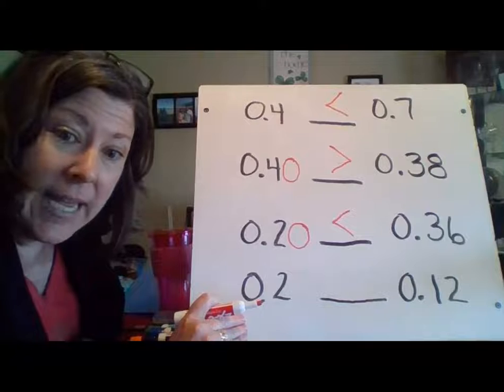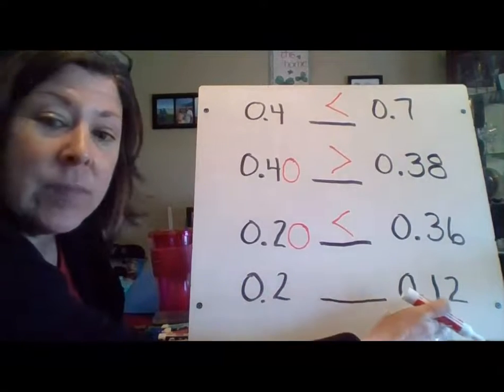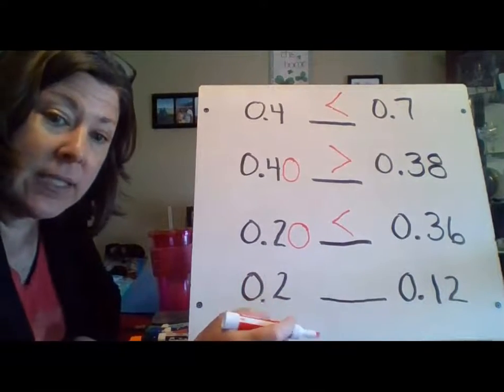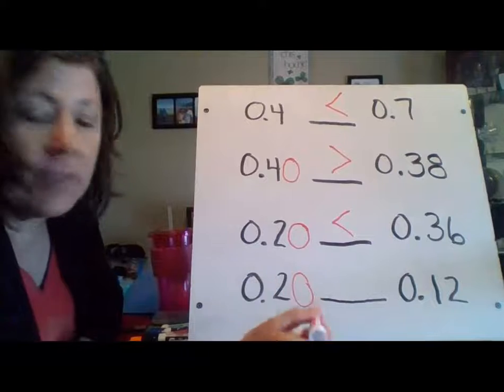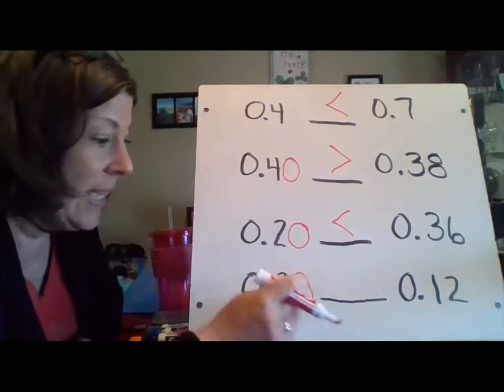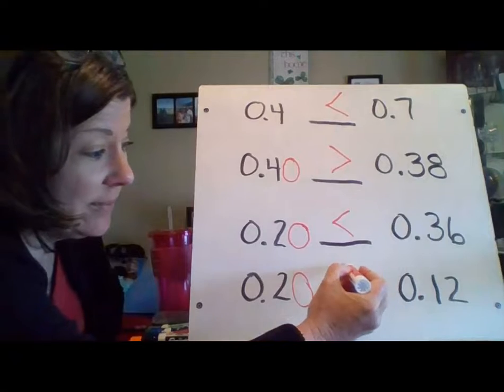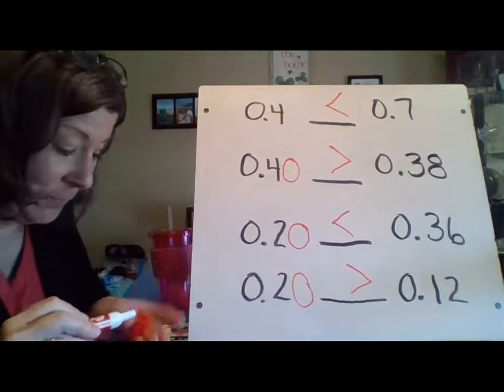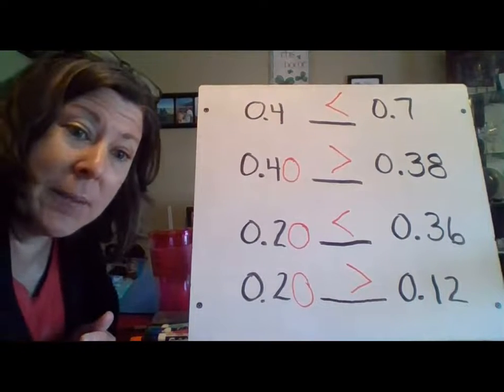Last example for today, 2 tenths versus 12 hundredths. Now remember, 2 tenths is the same as having 20 hundredths, and 20 hundredths is greater than 12 hundredths.